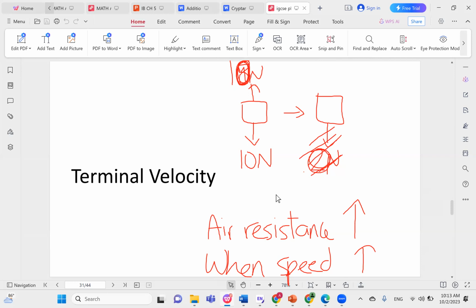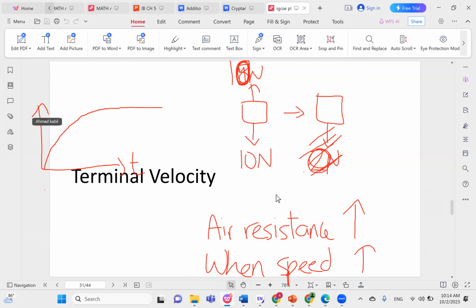Unless, of course, we're talking about a parachutist and he opens his parachute and then maybe the story continues. But for the sake of any regular object, like we said, it starts with acceleration, and the acceleration keeps decreasing until it reaches a 0 value, at which point the speed becomes constant, and we call this terminal velocity.